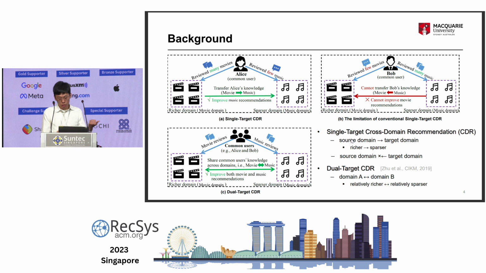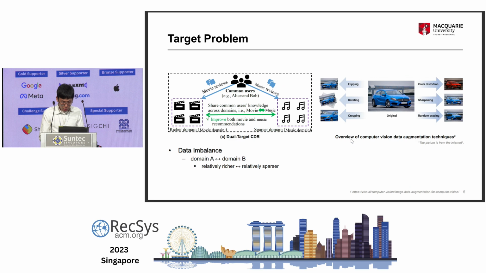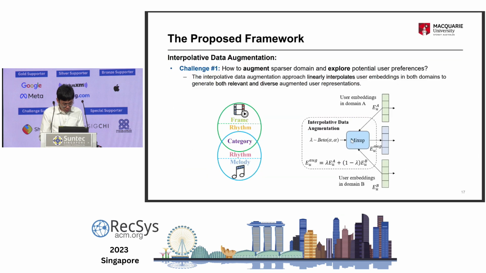But the conventional single-target CDR cannot transfer this kind of information from the sparser domain to the richer domain. So we proposed dual-target CDR to use the common users as a bridge to do the knowledge transfer.